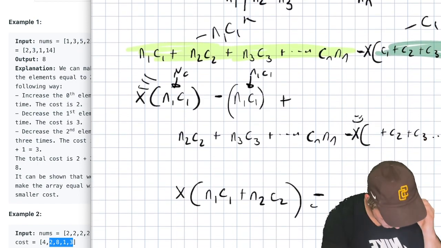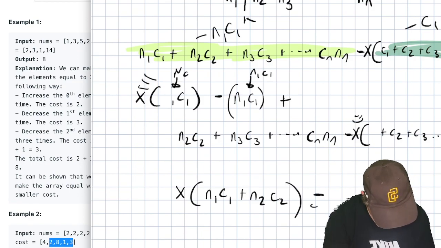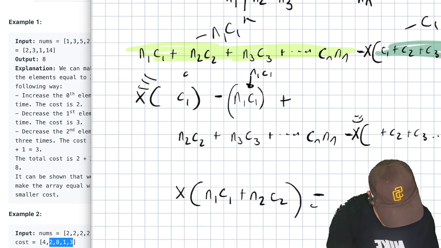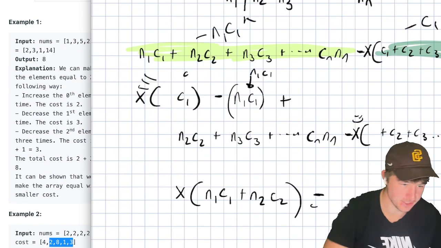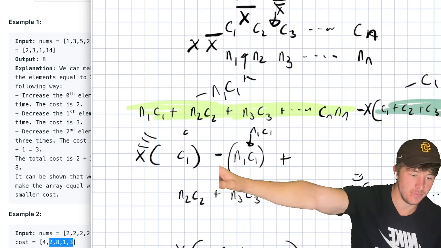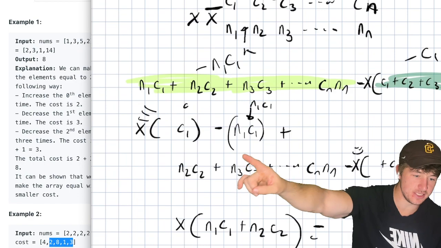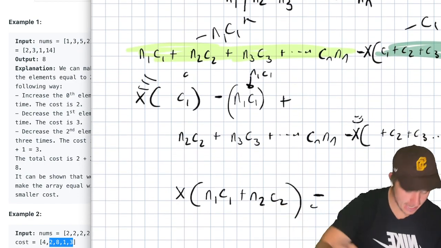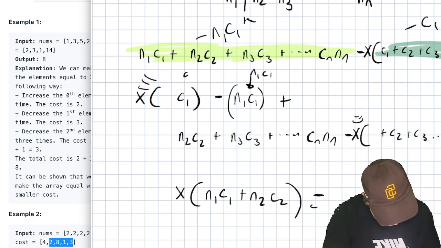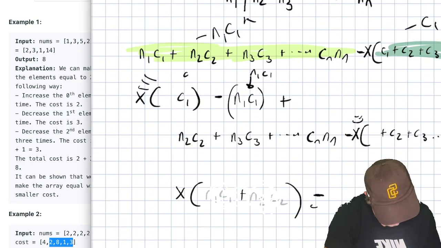It's supposed to be just C1. N1C1. Okay, so sorry about that little confusion there. But N1C1, to get C2, I would just add C1 and C2 to this mix.